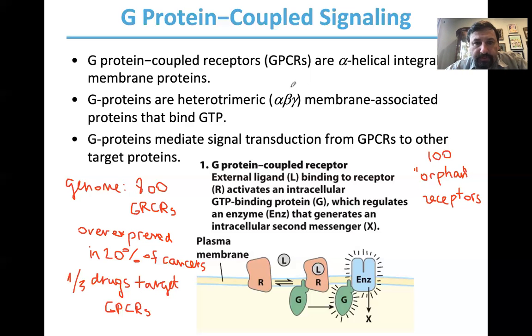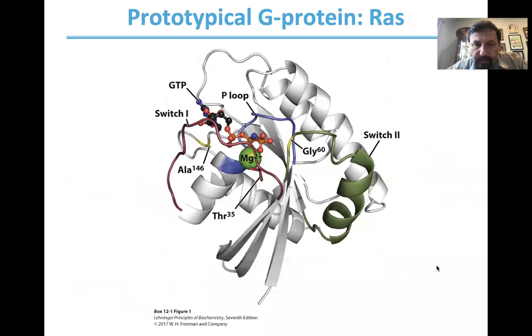All right, so now G proteins are heterotrimeric: alpha, beta, gamma. Okay, we already saw this picture. Let's look at this prototypical G protein, RAS, and we'll finish this lecture.